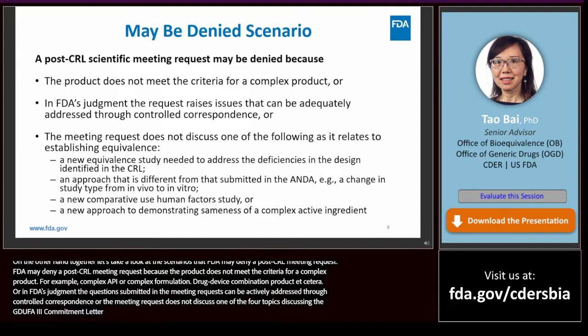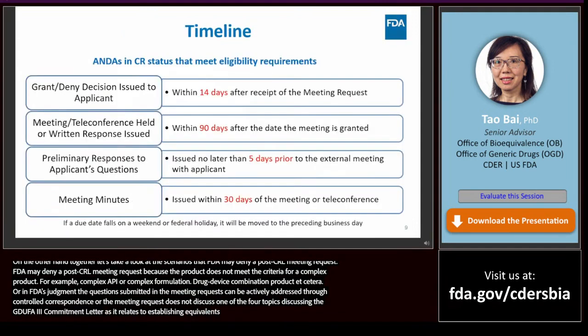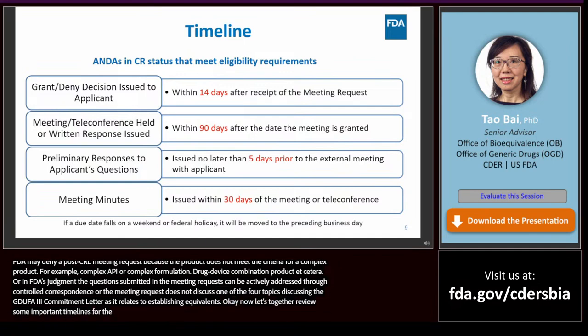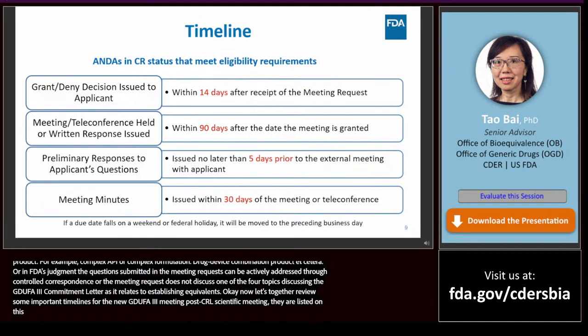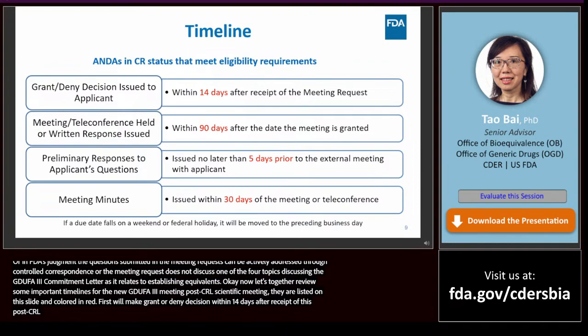Okay, now let's together review some important timelines for this new GDUFA III meeting, the post-CRL scientific meeting. They're listed on this slide and colored in red. First, FDA will make a grant or deny decision within 14 days after receipt of this post-CRL scientific meeting request.